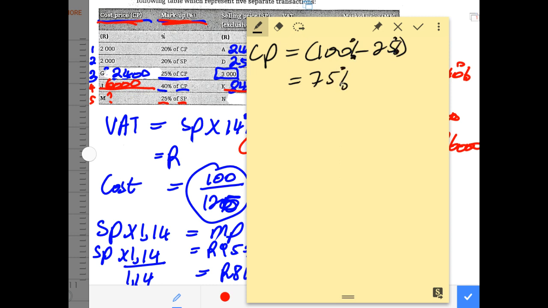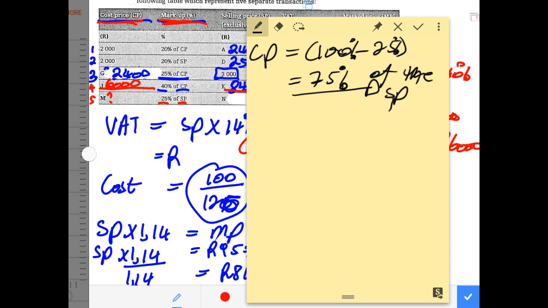Every time the markup percentage is on the selling price, you must always do this, where you say 100% minus 25%, and you get the percentage of the cost price. That means our cost price is 75% of the selling price.